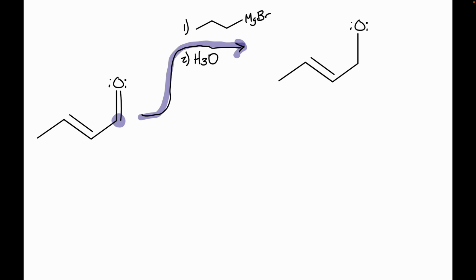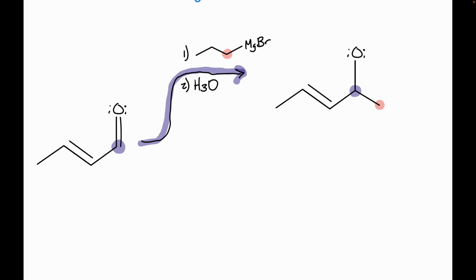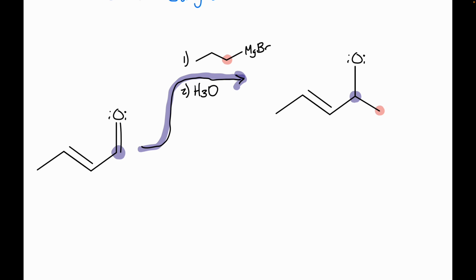Here that double bond doesn't even come into play. We just form a new bond between that electrophilic carbonyl carbon and that nucleophilic carbon of my Grignard. So now I have my new carbon-carbon bond. My Grignard was 3 carbons, so 1, 2, 3. And I need to protonate that oxygen. I get my alcohol product.